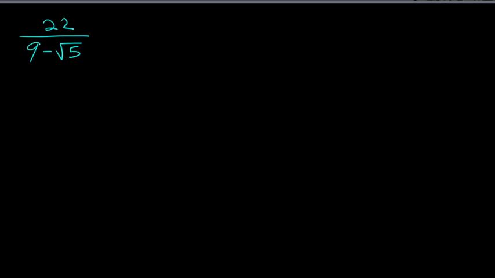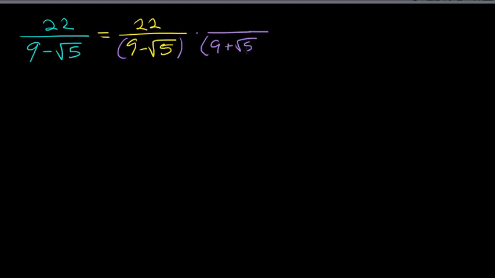Okay, so here was the problem that we were working on, 22 over 9 minus the square root of 5. So the short of it is this. All you have to do is multiply the denominator by the conjugate, 9 plus the square root of 5.